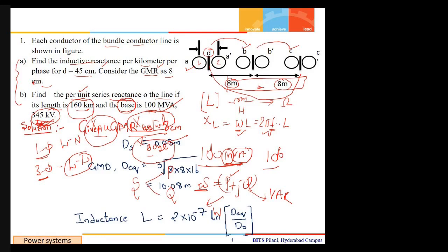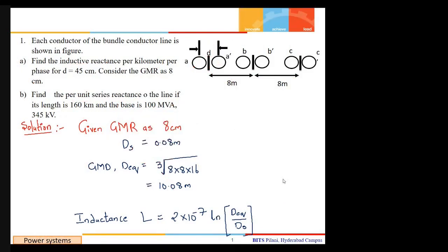Here we have been given the GMR, the geometric mean radius of the conductor, which is given to be 8 centimeters. There is some confusion in the unit. It can be centimeter or meter, but the unit should not be a confusion.